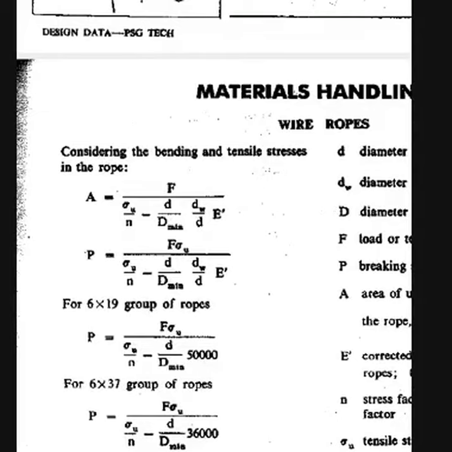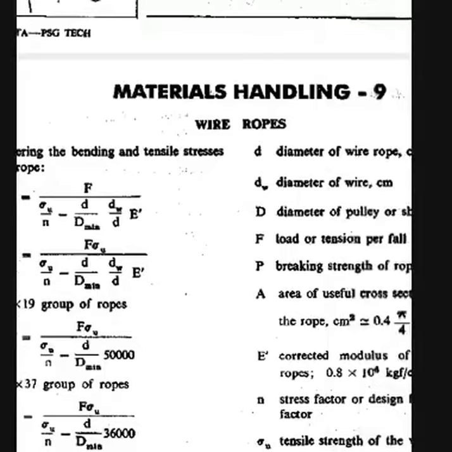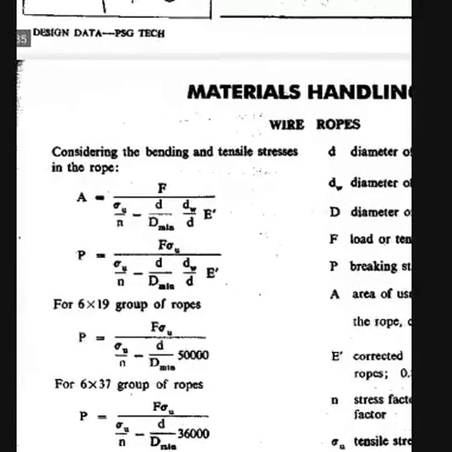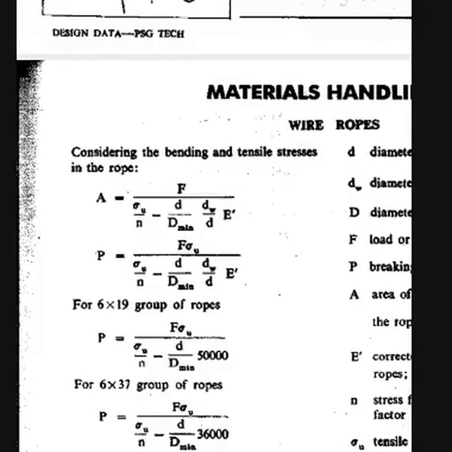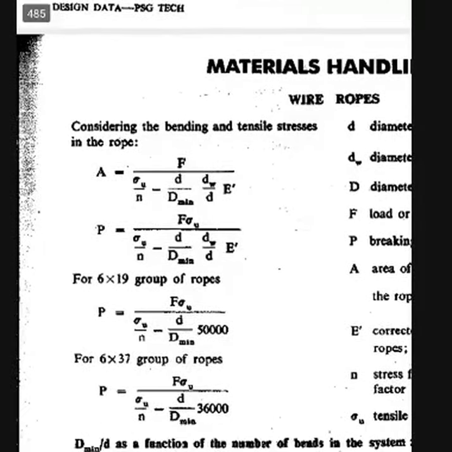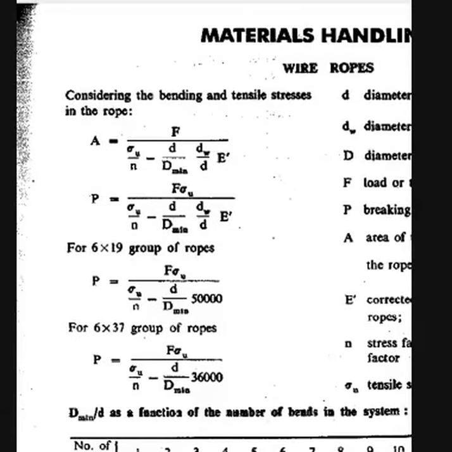On the right side it is given what we mean by D, dW, D mean, E and everything. And if you see the fourth formula, for 6 into 37 group of ropes, the formula is converted into this.